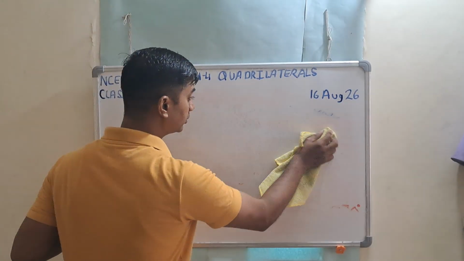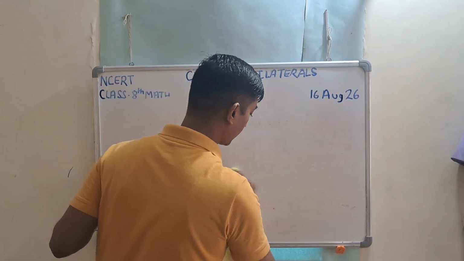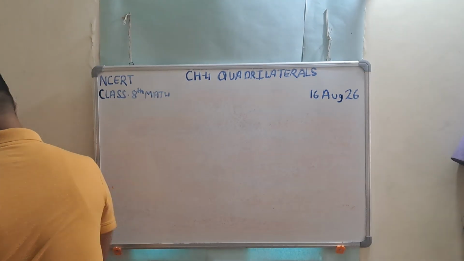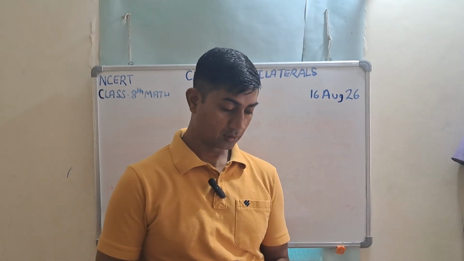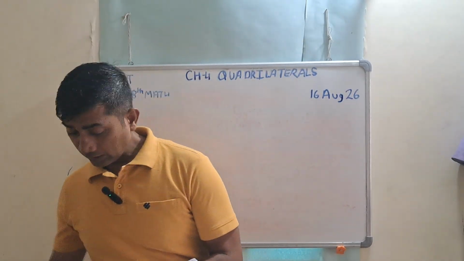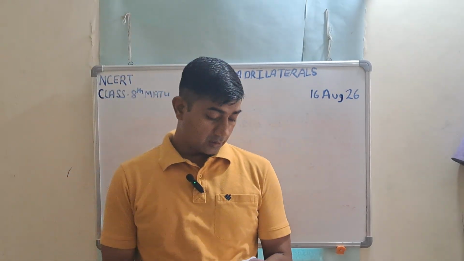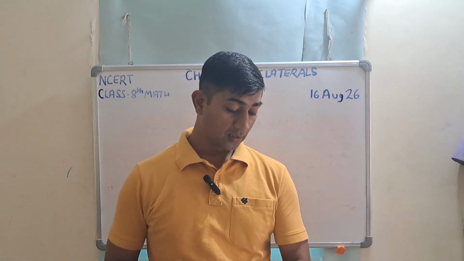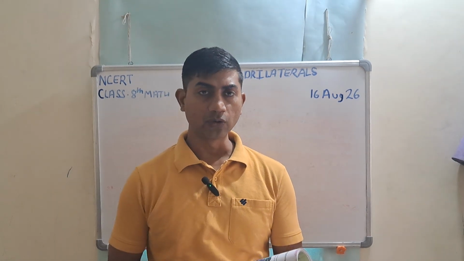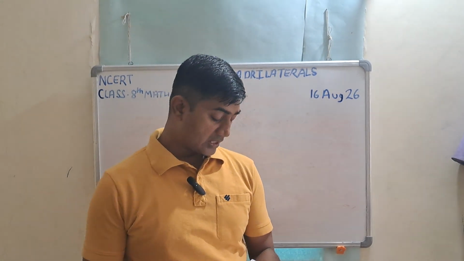Now we will move to the next topic. What is the next topic in our chapter? There are some exercises on page number 102 that we will see and try to do. What is the first?